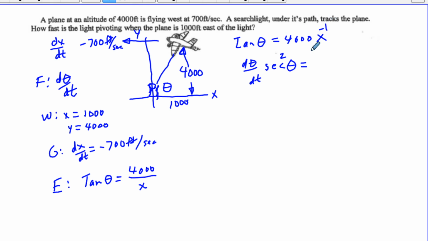Well, we have negative 1 times 4,000, so that's going to be negative 4,000 times x to the negative 2 power. So I'm going to write x to the negative 2 power as x squared down here. Okay. Now again, we're going to divide both sides by secant squared theta.